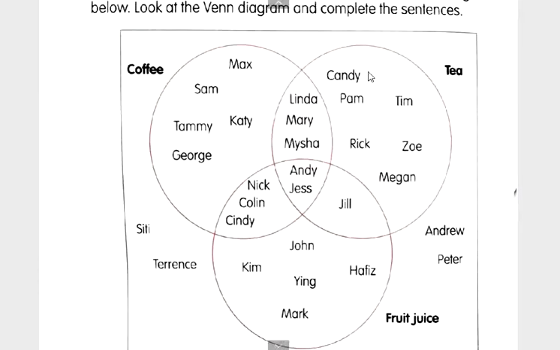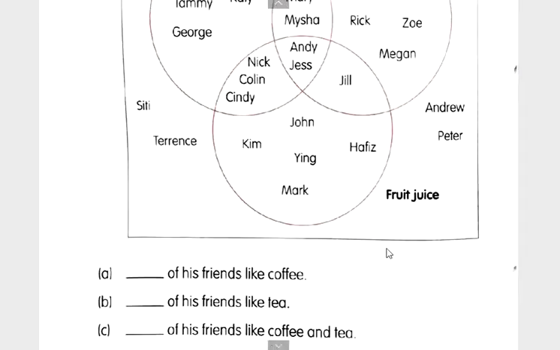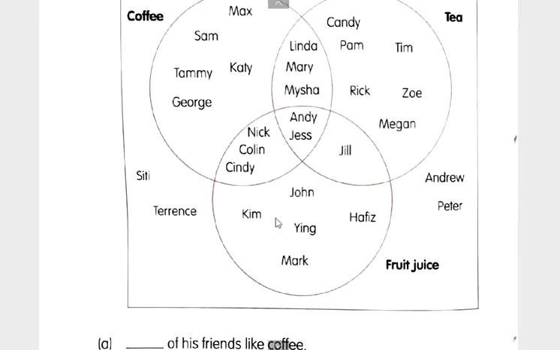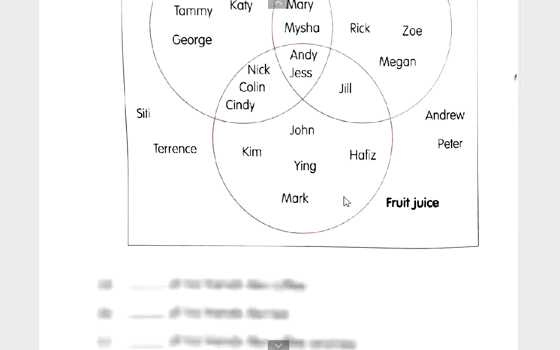Alright, so the first circle refers to coffee, the second circle refers to tea, and the third circle refers to fruit juice. Okay, there are some names outside the circles, so they don't have any of these drinks.